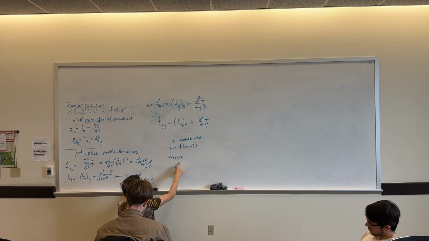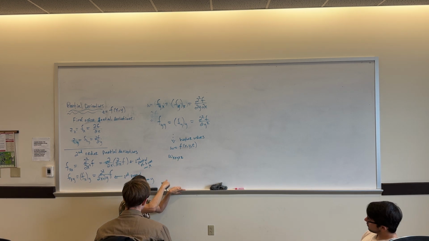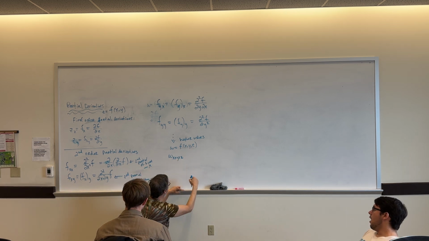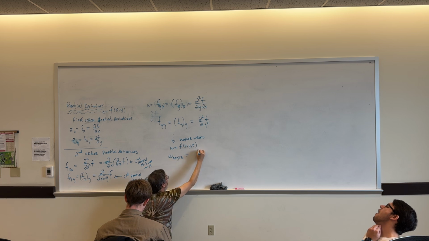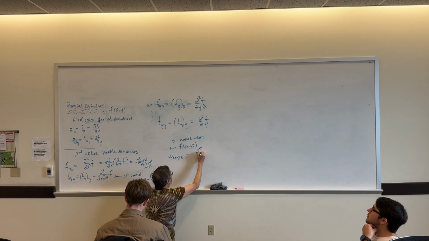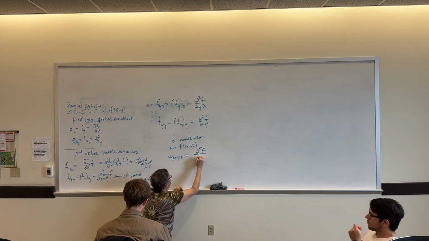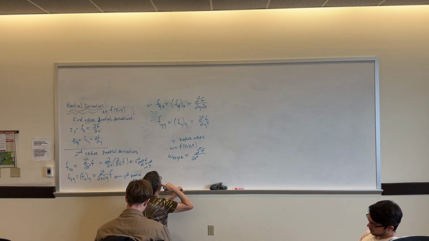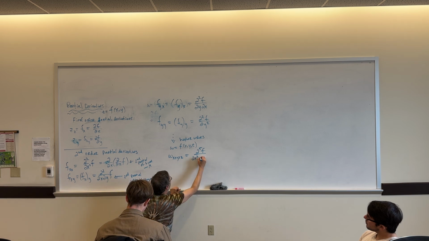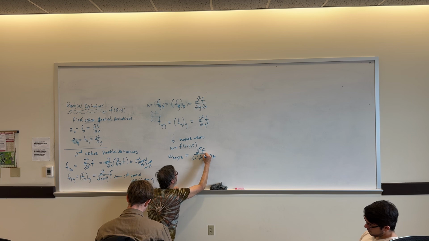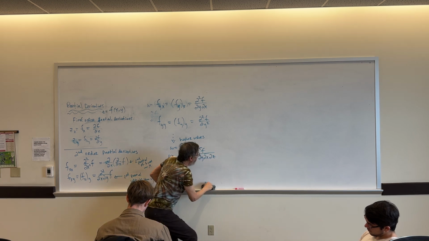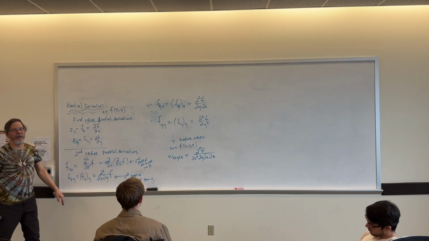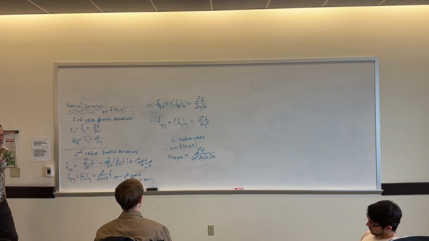So this is the 5th order derivative: x first, then y, then x, then z. So this would be notated as the 5th partial of f with respect to x, and then probably square that. Let's see, do I get the square? Yeah. And then partial with respect to y, partial with respect to x, partial with respect to z. We're not gonna get that crazy, but that's cool to think about.